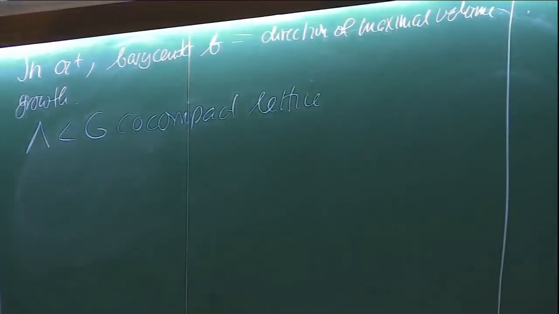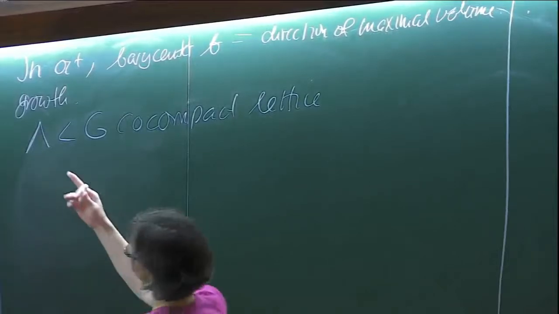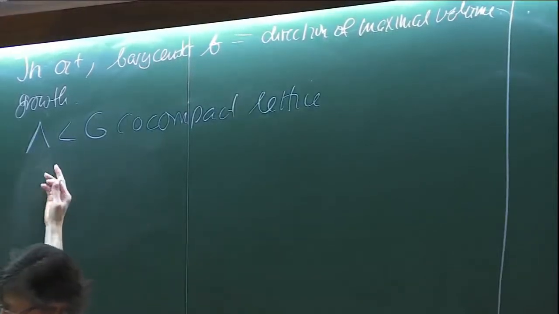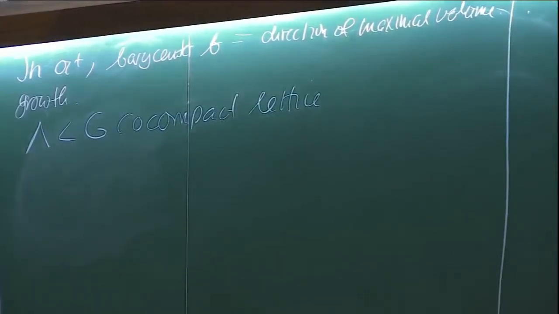This gives you special points if I find a representation rho of Gamma into Lambda which is faithful.